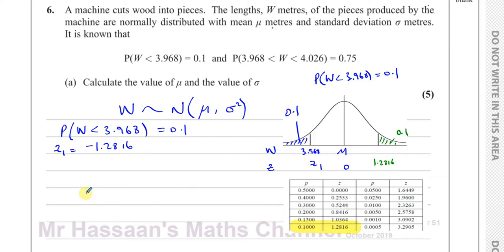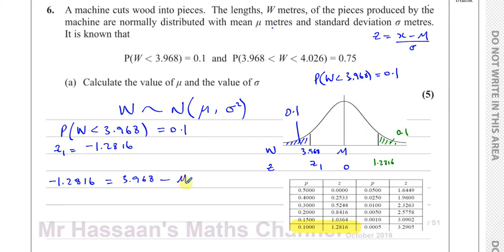Now we can use the formula for standardizing the scores, which is Z equals X minus mu over the standard deviation. So here we know Z1 is minus 1.2816, and we know what X is: 3.968.